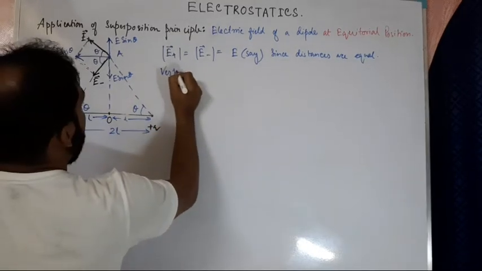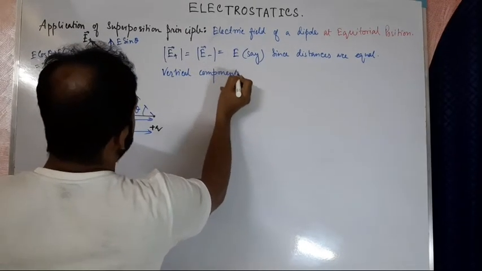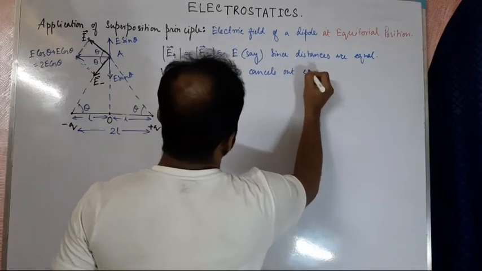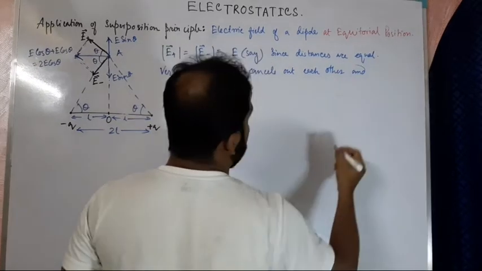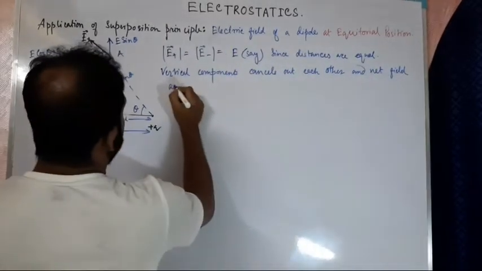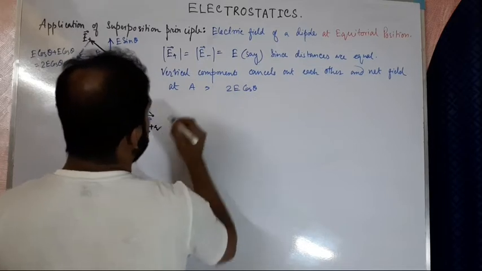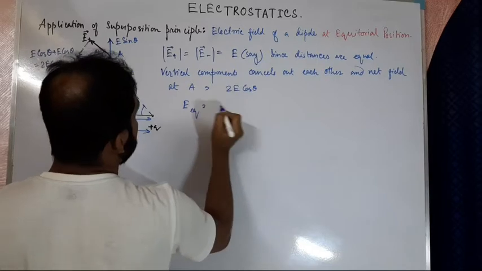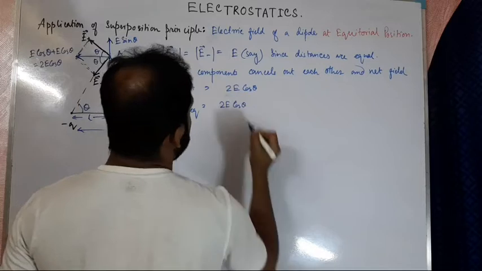The net field at A will be 2E cos theta. So E equatorial is given by 2E cos theta.